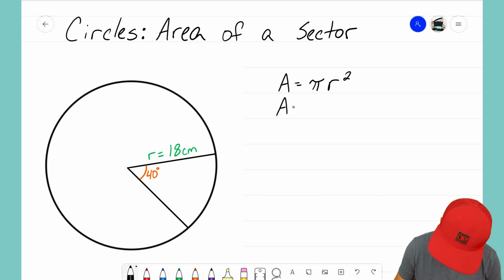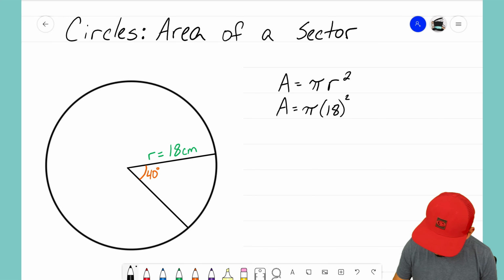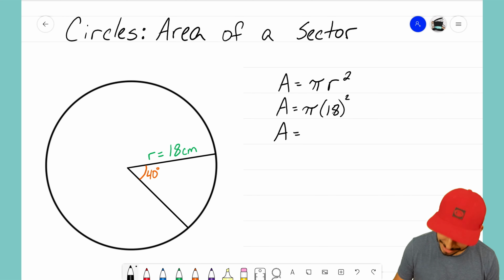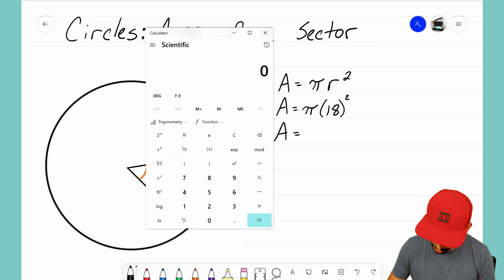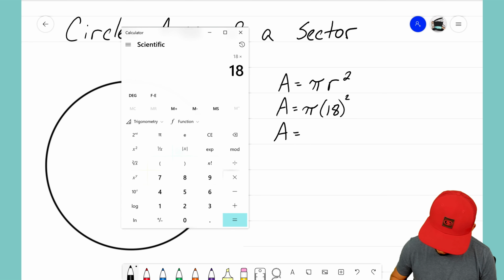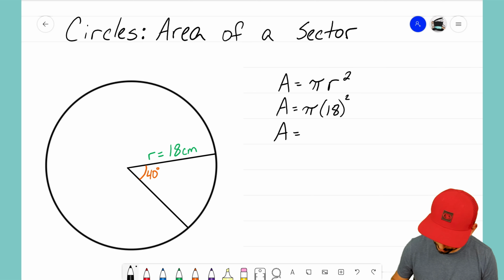So I'm going to change the radius in that formula to be 18 centimeters. I plug that in, and I know I have to do 18 squared. 18 times 18, that's not one that we often know off the top of our head, so I'll go ahead and type that in. 18 squared ends up equaling 324.